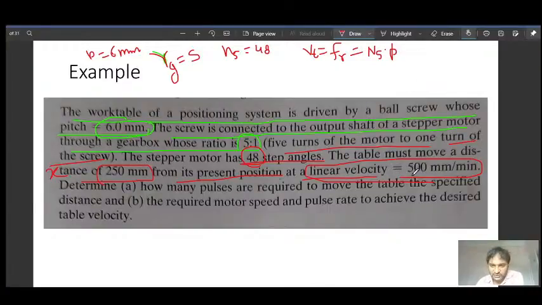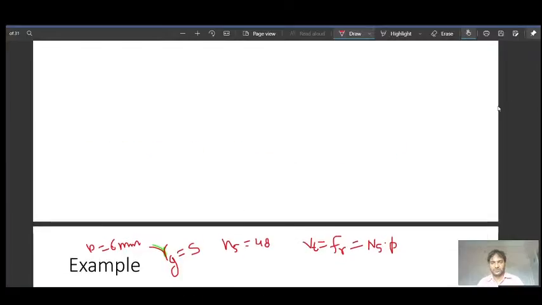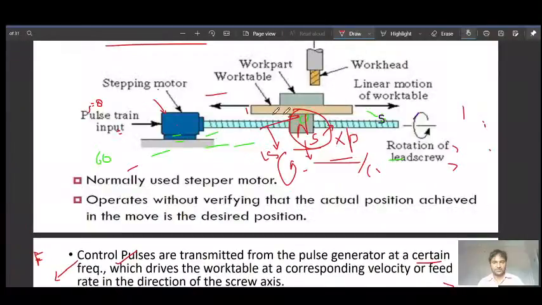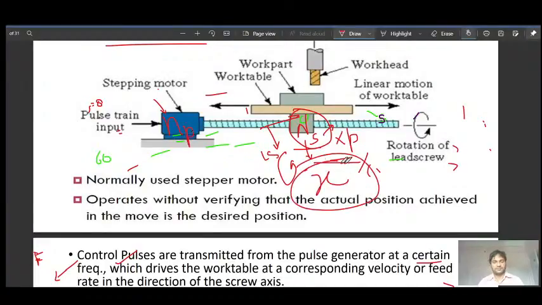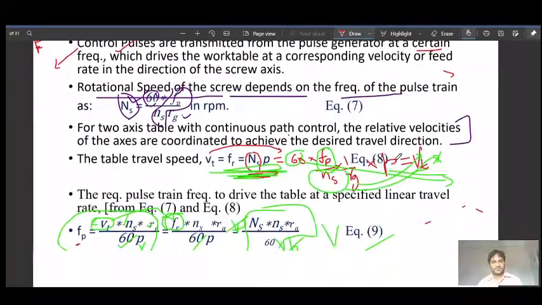We need to determine how many pulses are required to move the table the specified distance. So again it comes to the same question: how many pulses, Np, are required to move the table x distance? The question is clear.